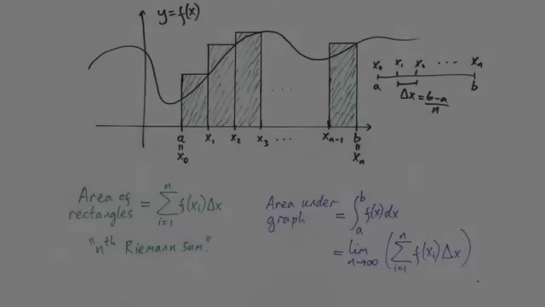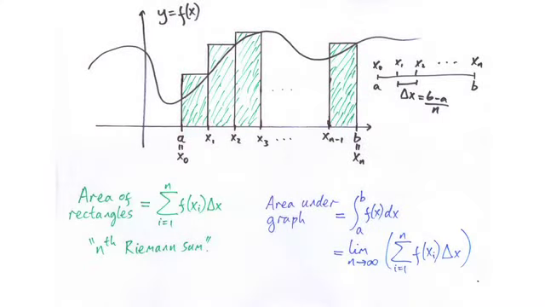Okay, so let's take a look at this first slide. It's quite a busy diagram. What we have here is a graph, y equals f of x, some function of x. And I'm interested in finding the area under the graph between the points a and b. So the first thing I do is make an approximation to this area.